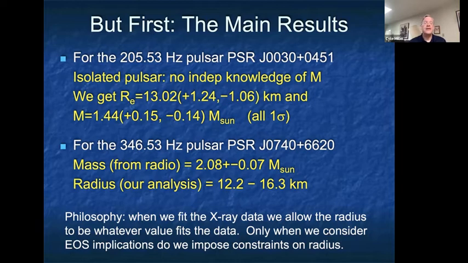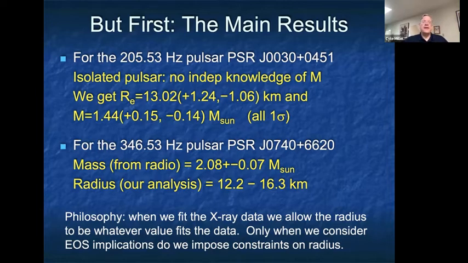But luckily, this is a bright enough X-ray emitting pulsar that we were able nonetheless to get pretty decent results on the radius and mass. As you see, at 1 standard deviation, we're getting a radius of about 13 kilometers plus or minus 1, and a mass of about 1.44 plus or minus a 10% uncertainty.